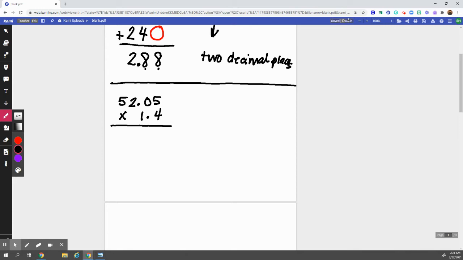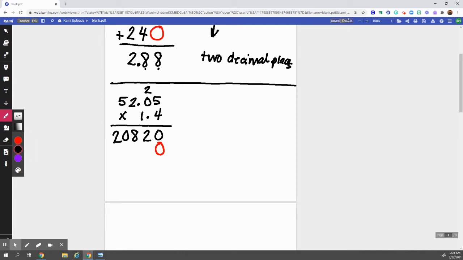So we've got 4 times 5 is 20. 4 times 0 is 0. And then we're going to add this 2, so that's 2. 4 times 2 is 8. And 4 times 5 is 20 again. Okay, I'm going to put the 0 as a placeholder here because we're going to go to the next decimal place.